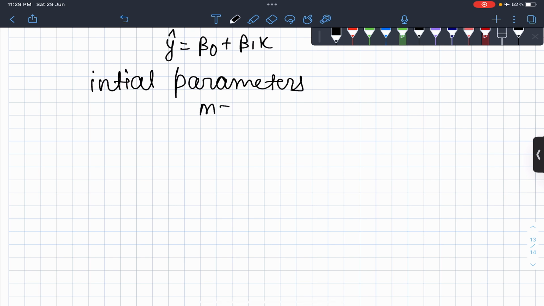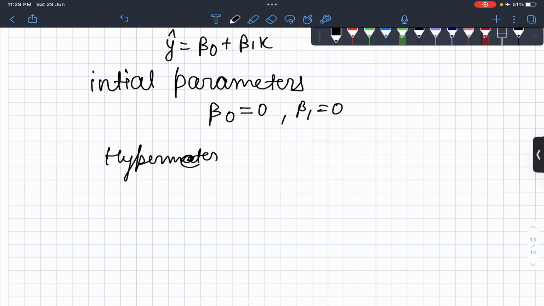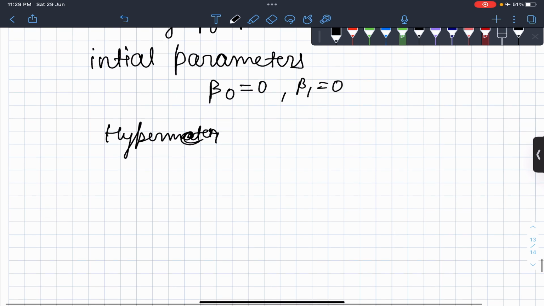I have written this in my notebook or my Notion page, but it will not be m. So let's initialize beta 0 with 0 and beta 1 is also 0. And our hyperparameter is nothing but alpha.